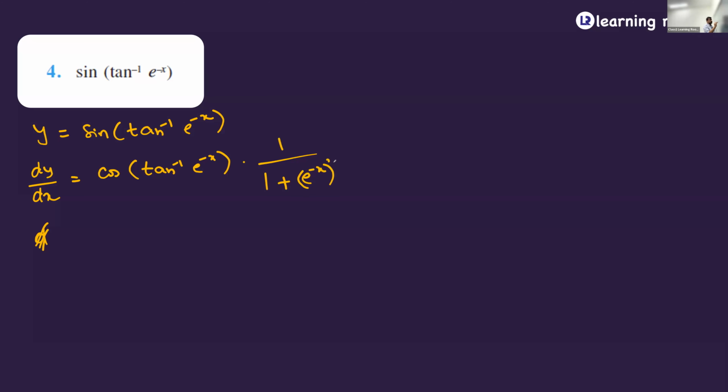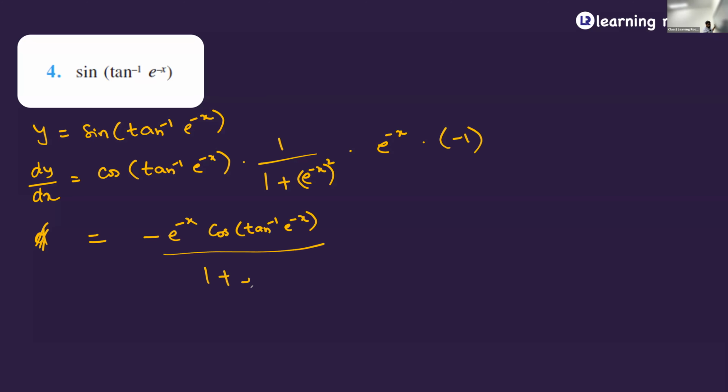So e power minus x the whole square into, so we finished for sin, we finished for tan inverse. Next we need to do for e power minus x. So derivative of e power minus x is e power minus x into derivative of minus x, which is minus 1. So 1, 2, 3, 4. Combine everything, that will be the answer. So it will be minus e power minus x into cos of tan inverse of e power minus x divided by 1 plus e power minus 2x. Am I clear with this?